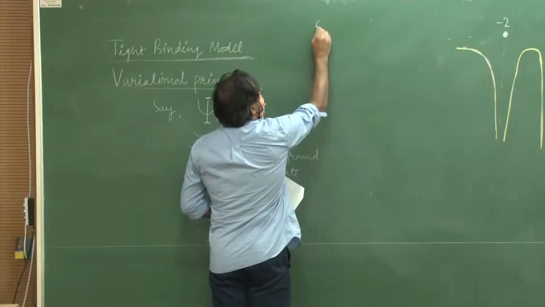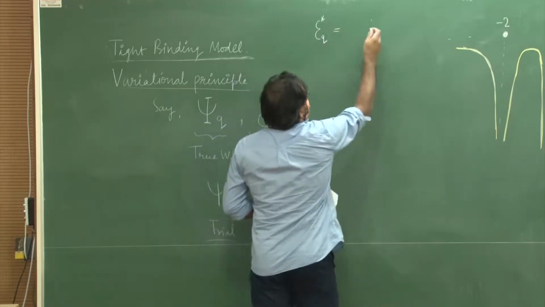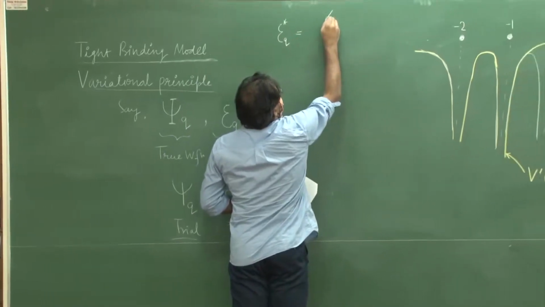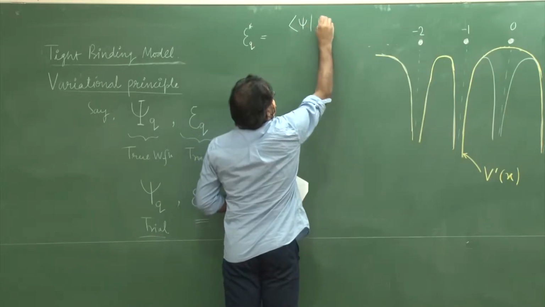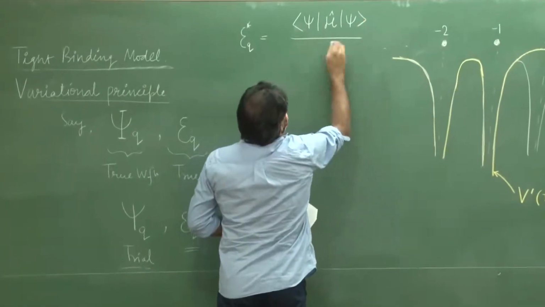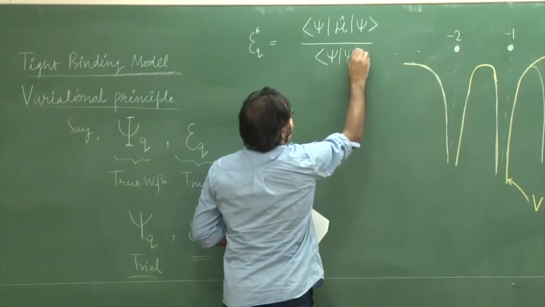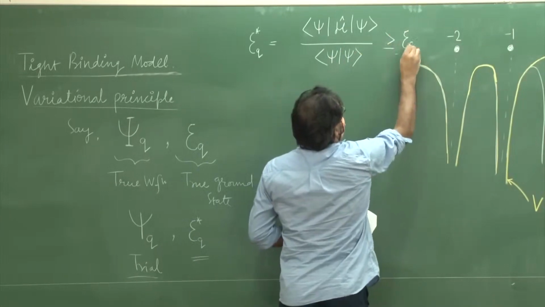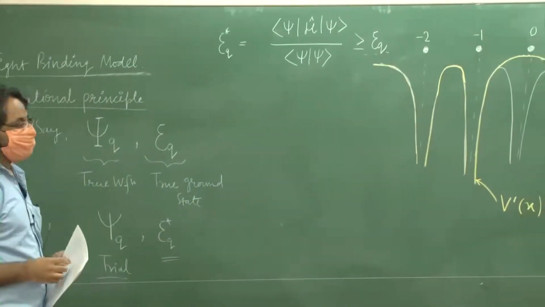So how will I compute E star q? It involves computing psi H psi over psi psi, the inner product, and this will give me an upper bound on the true ground state energy, right?